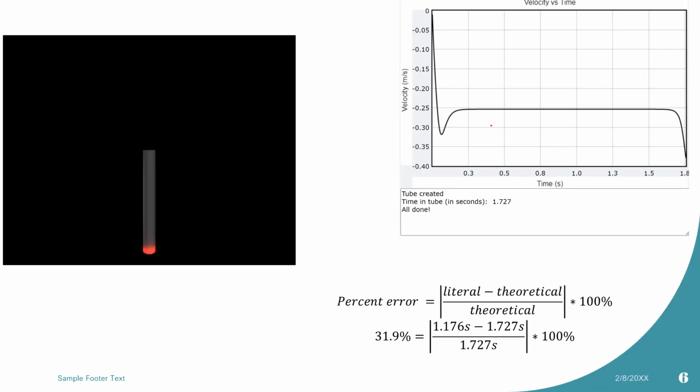Speaking of which, we can actually see here how the velocity changed with time. We see that to begin with, it had a very fast initial velocity, or a very steep one at least, which would basically translate to a large acceleration before then slowing down to basically being constant.